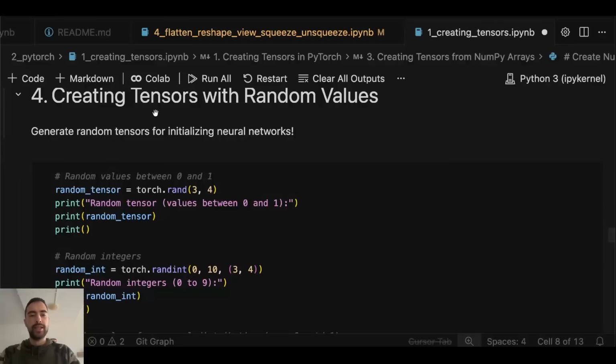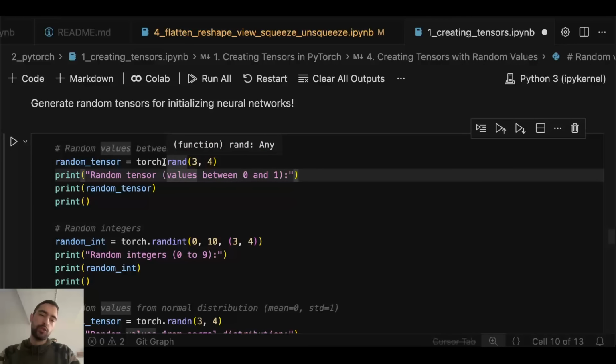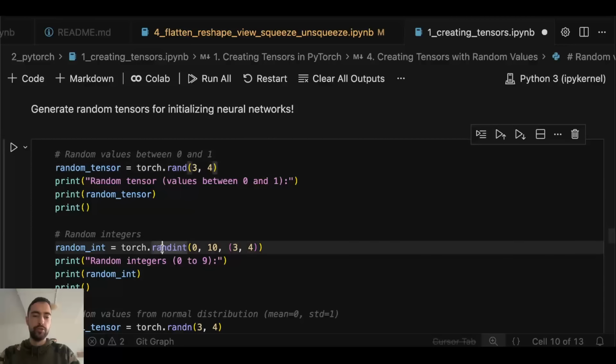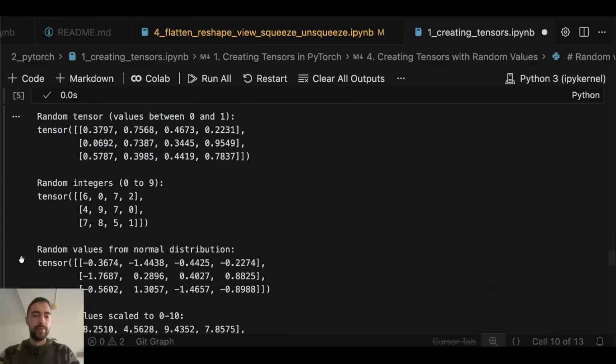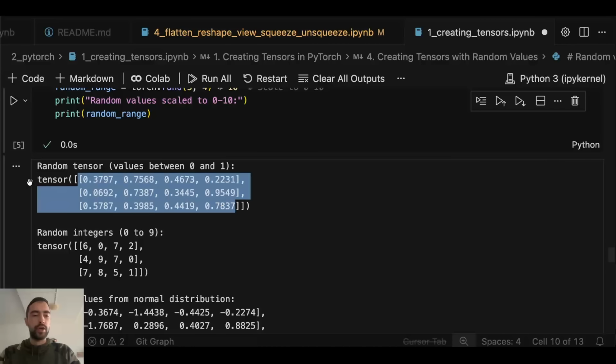You can also create tensors with random values. This is used in neural networks when initializing weights. You just say torch.rand and then the shape. You can also use randint to make it an integer between 0 and 10, where 0 is included and 10 is not included, so 0 is inclusive and 10 is exclusive.